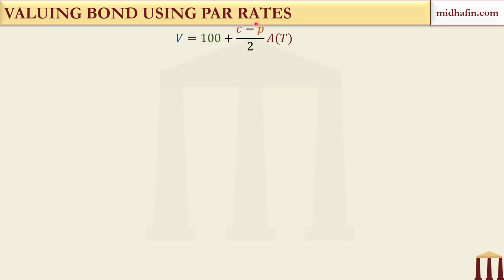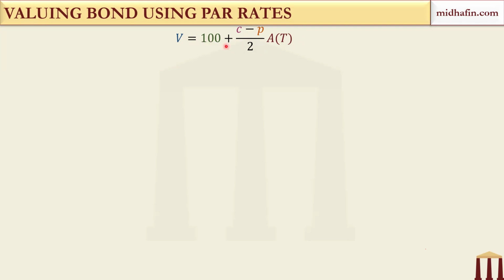Will it be positive or negative? And also, value is given as 100 plus this term. So if this term is negative, value will be less than 100. If this term is positive, value will be greater than 100. And if this term is, let's say 0, then value will be exactly equal to 100.